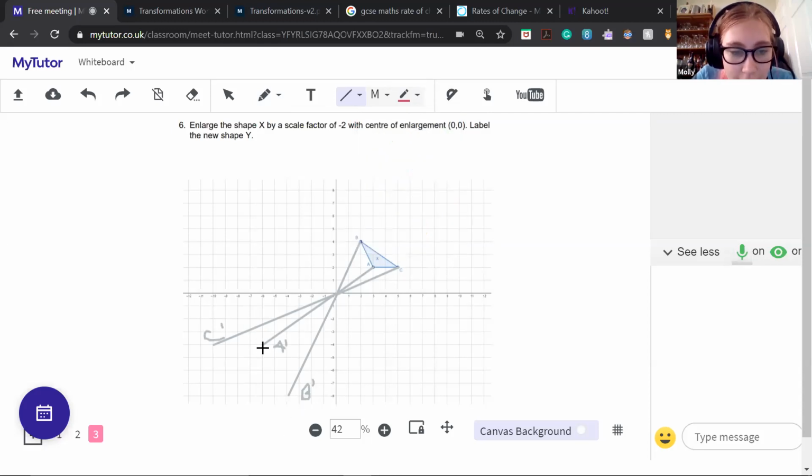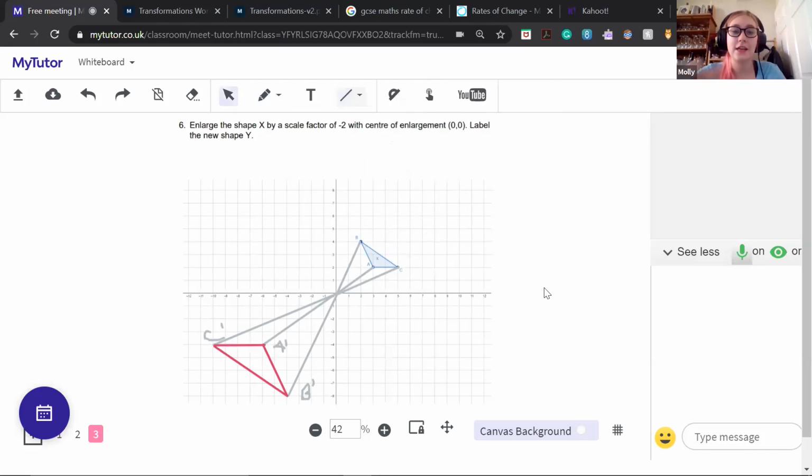So then we can join up these lines. So A to B, B to C, and C back to A. And see how that's a rotation, but we've also enlarged it whilst we've rotated it. So it's exactly what Tayyib said. It's the opposite way and 2 times larger.